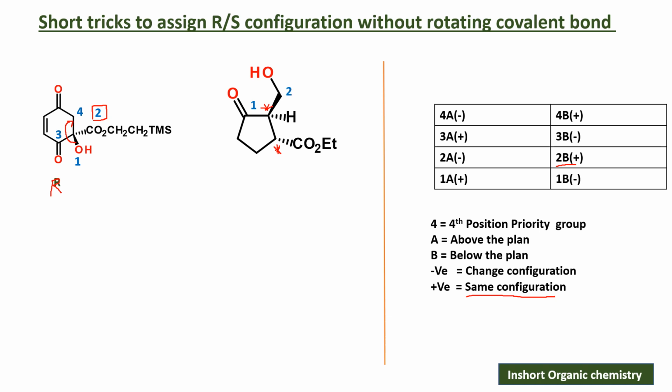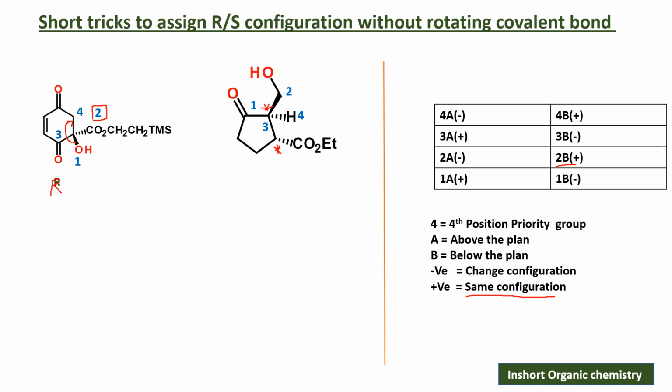Second will go to this carbon having 1 oxygen. Then this is the third priority, and fourth will go to hydrogen. Here this carbon is only attached to 1 oxygen. This carbon is also attached to 1 oxygen but with 2 bonds, so it is considered as 2 oxygen.